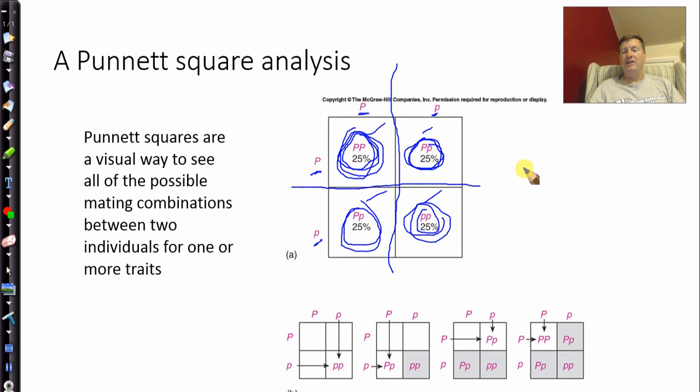Now you may be thinking, wait a minute, because I have over here one big P combination. Actually, this one and this one are both big P, little p combinations. And you may recognize that I have one combination that is little p, little p. Okay, remember what we said about these.